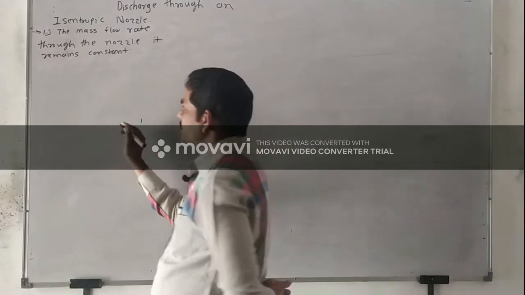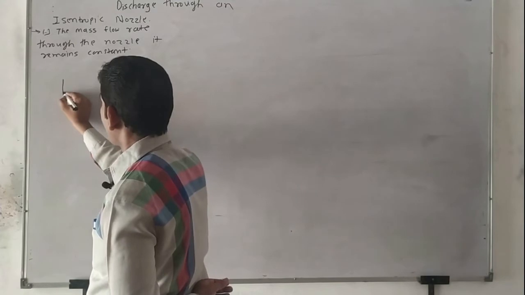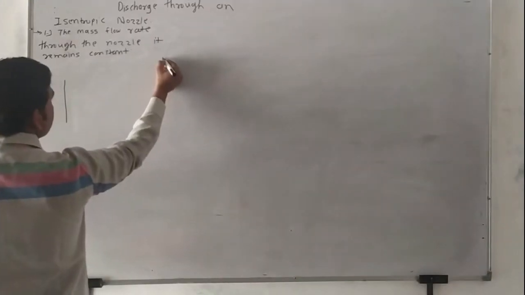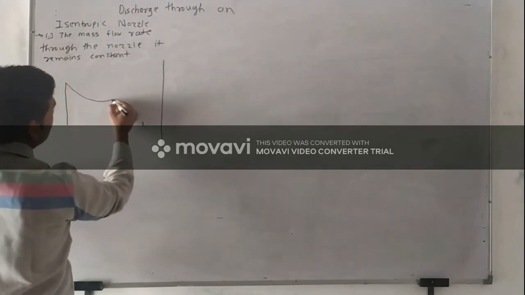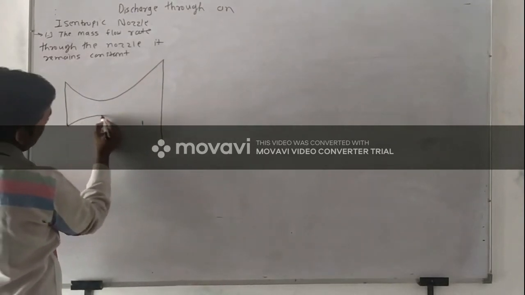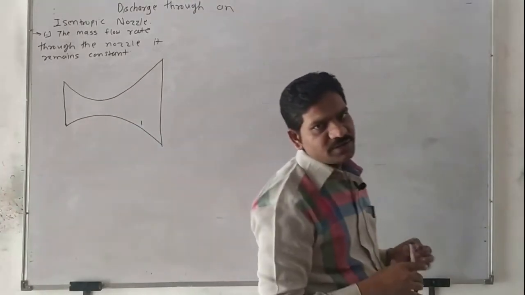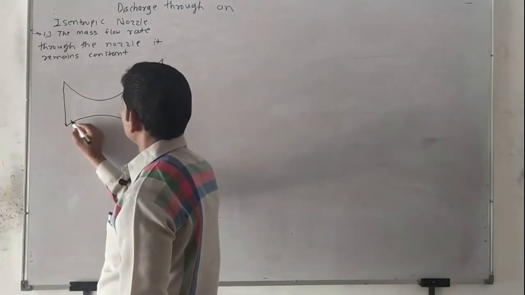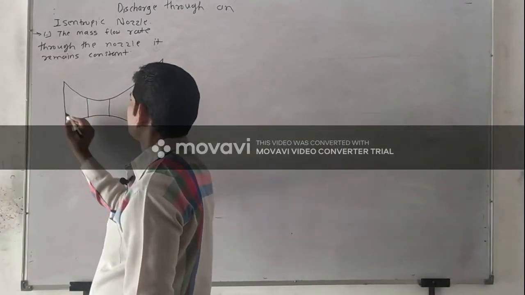Okay. So we have to draw this diagram. So this is the convergent and divergent nozzle diagram. This is the throat section.